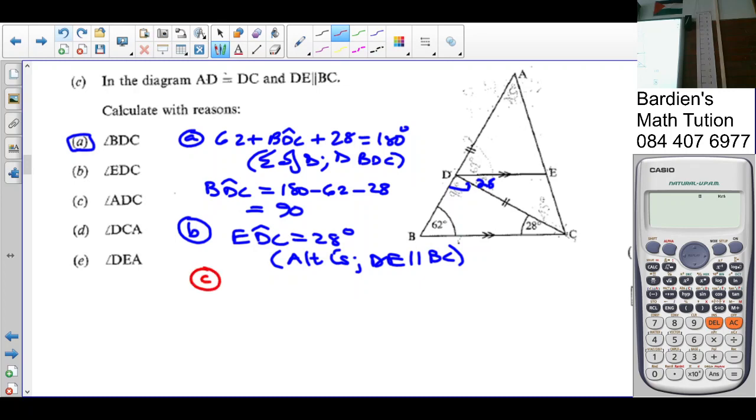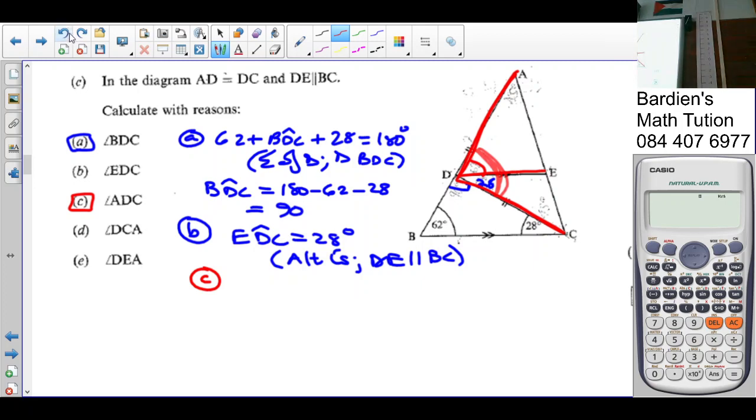Let's look at C. ADE. ADC. This one here. It's actually this angle here. Am I right? Yes, is that angle?